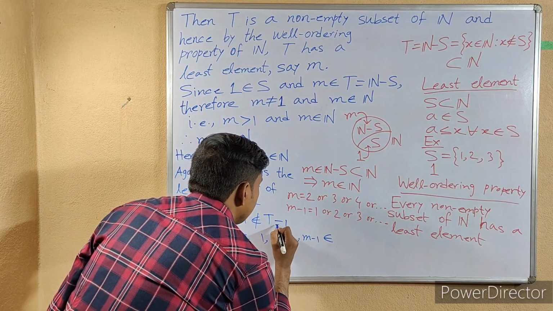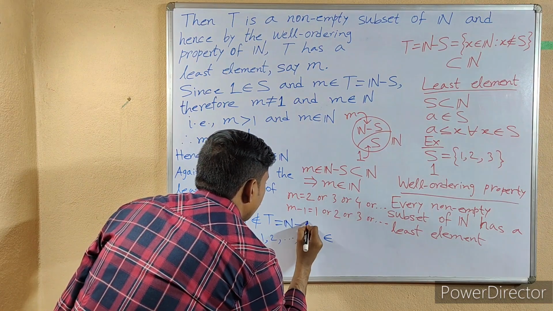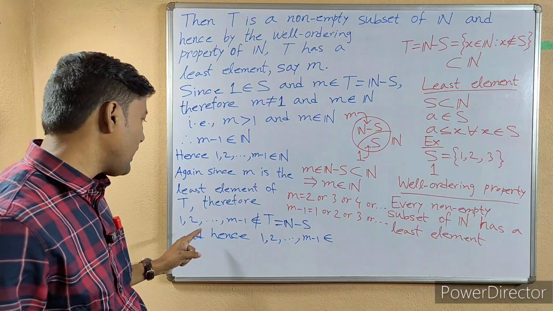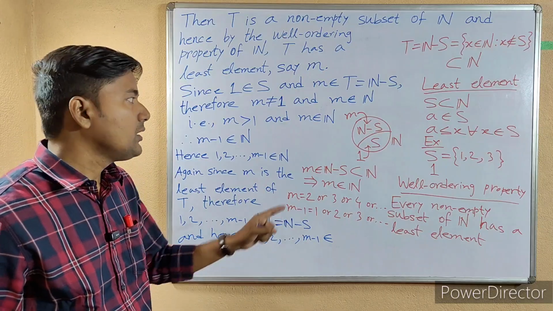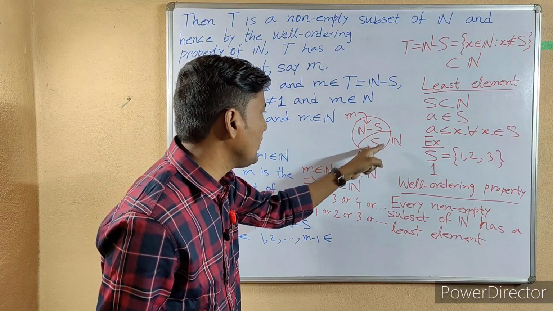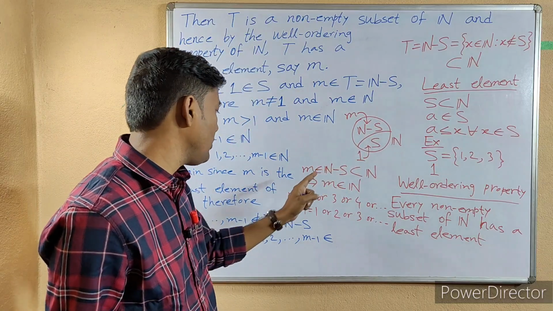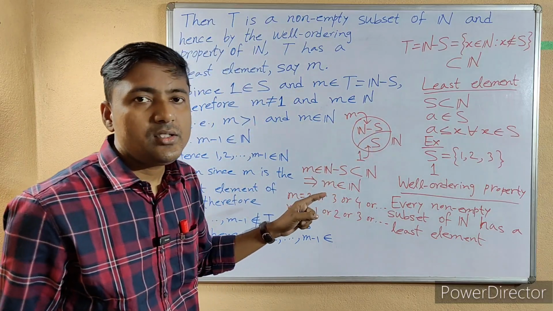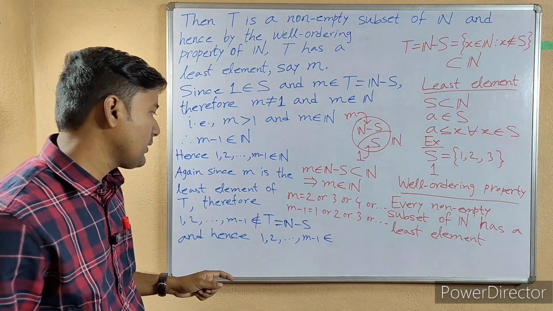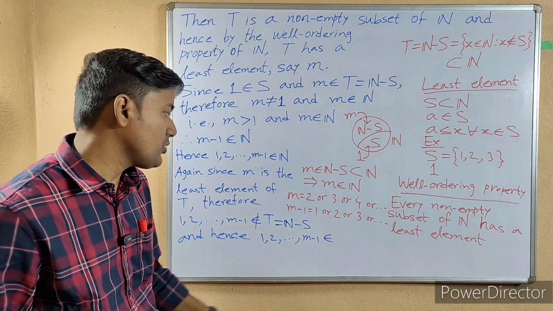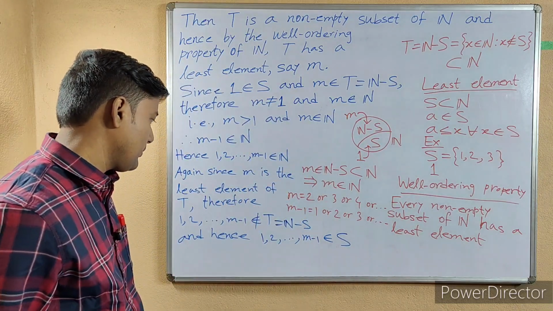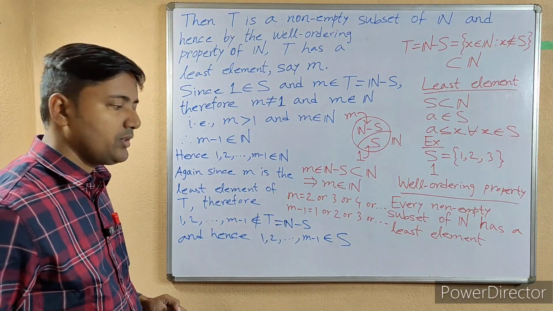T equal to N minus S. So 1, 2, ..., m minus 1 belongs to N, but does not belong to N minus S, so it must belong to S. So we can say 1, 2, ..., m minus 1 belongs to S. Okay.